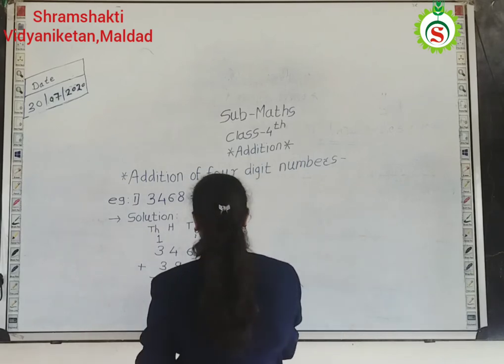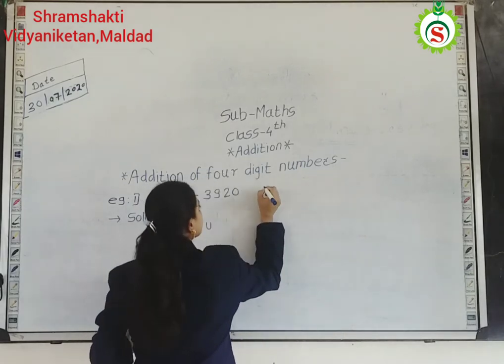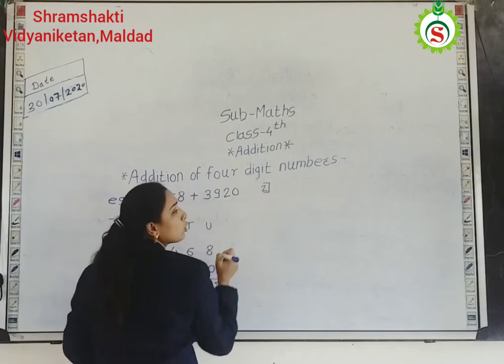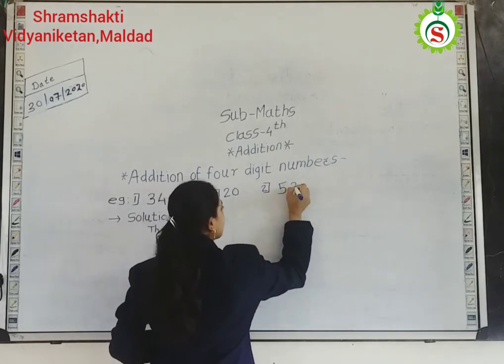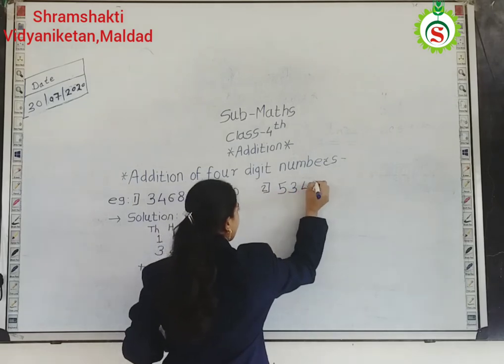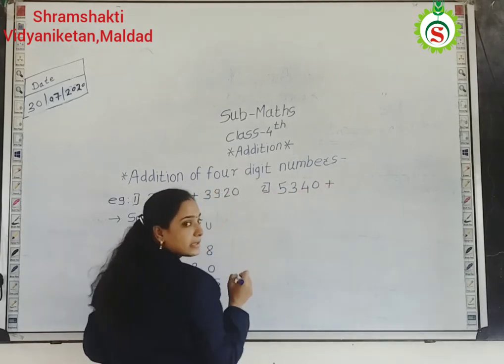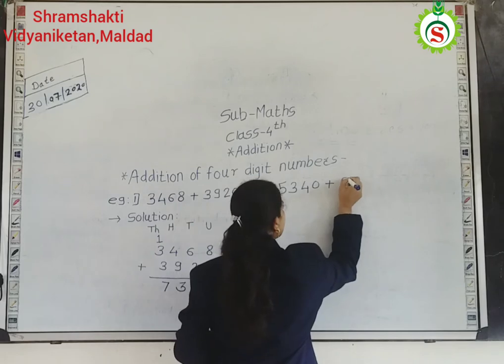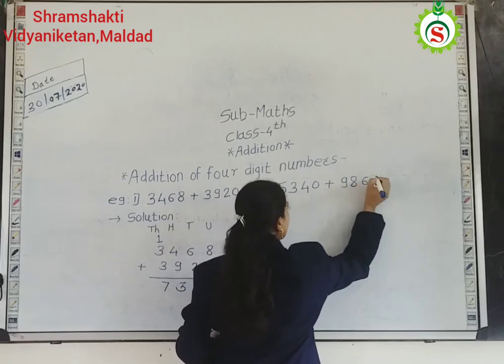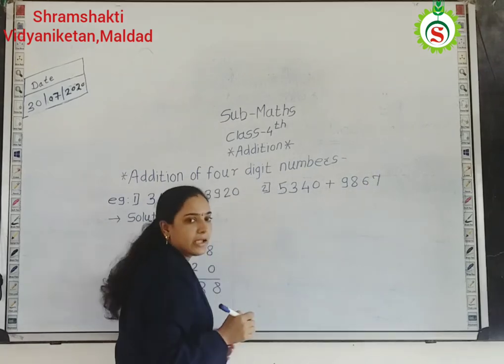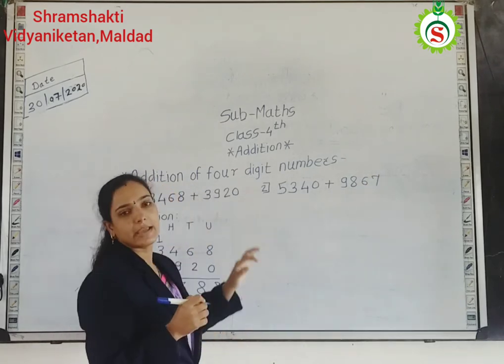Now students, next example. Look here. Example number 2: 5340 plus 9867, and we have to solve this example.